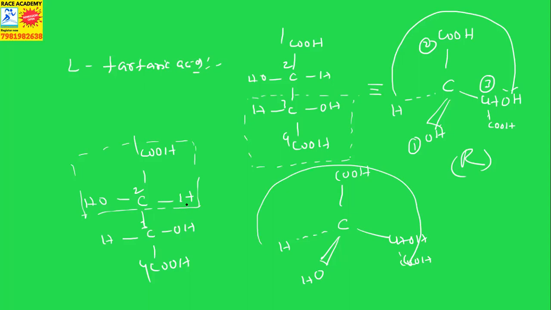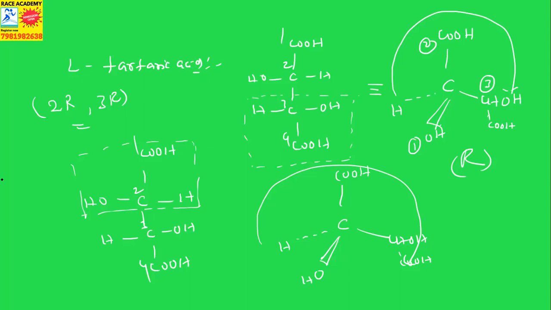See, the configuration at each center is specified by a symbol. We have R as the symbol we are specifying, together with the number of asymmetric carbon atoms. That means in L-tartaric acid we have the symbols 2R, 3R. So the configurations are 2R and 3R.